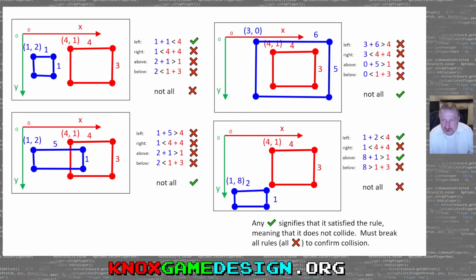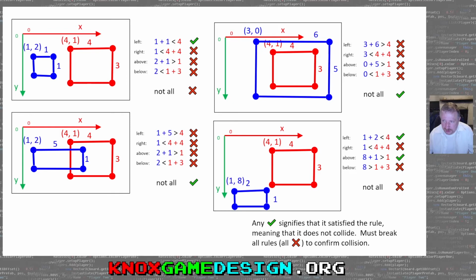In the second example, in this example, the second rectangle completely surrounds the first rectangle. So we check, is the second rectangle completely to the left? No, 3 plus 6 is greater than 4. Is it completely to the right? No, 3 is less than 4 plus 4. Is it completely above? No, 0 plus 5 is greater than 1.